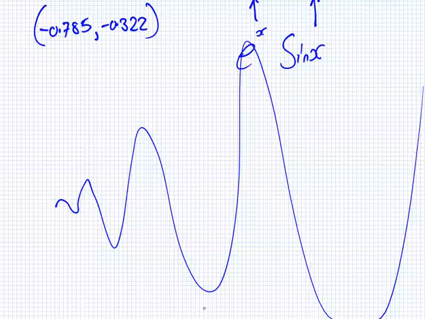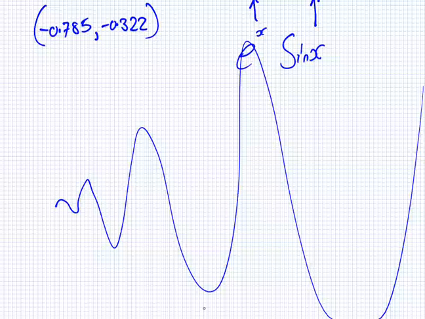Divide everything by cos x. So you have sine x over cos x, but you know what that is. What's sine x over cos x? Tan x. So now you have tan x plus 1 equals 0. So tan x equals minus 1. So x equals tan inverse of minus 1, which is minus pi over 4.